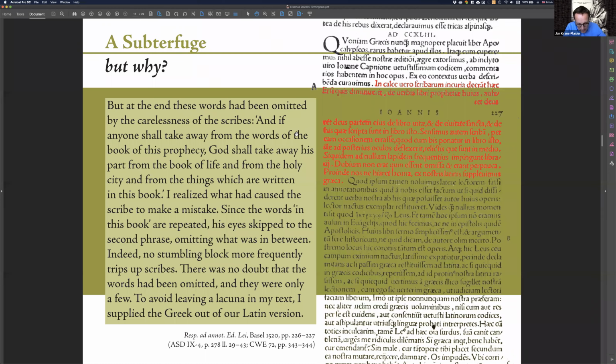Because at the close of his own annotations, his critic Lee had tried to turn the warning of this verse against Erasmus. And he said, I wonder that you have not restrained yourself on the basis of what Revelation says. The obvious implication being that according to Lee, Erasmus' tampering with the text should incur divine wrath.